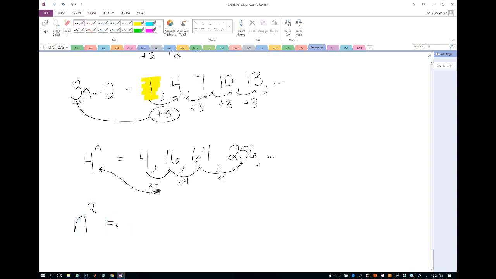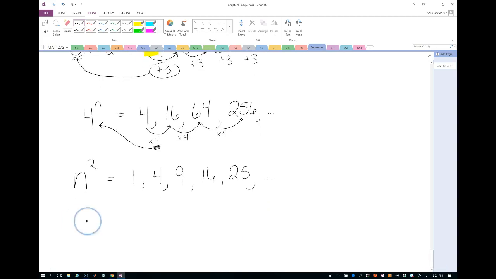N squared also has a pattern. It's not quite as obvious though. If we generate some terms in the n squared sequence, we'll get 1, 4, 9, 16, 25. Now these might be pretty easy to recognize, but what if I asked you for the expression for 3, 6, 11, 18, 27?